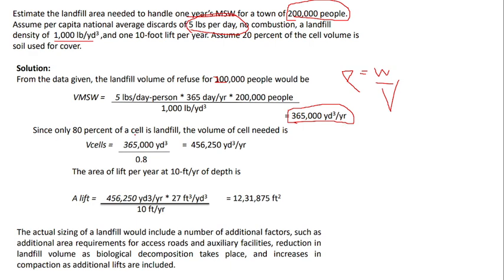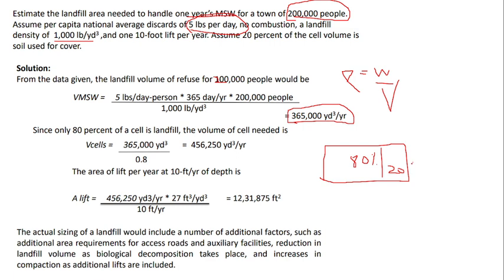Now only 80% of a cell is landfill. The volume of cell needed. So if this is the total area, our aim is to find the area required to fill it. So 20 percentage, once this area is totally filled with the waste material, only 80 percentage is used for filling of the waste.